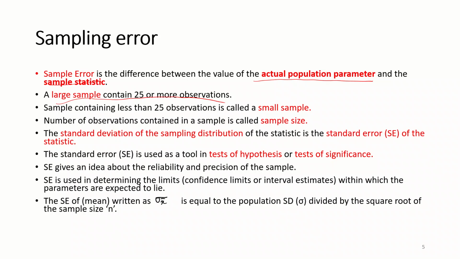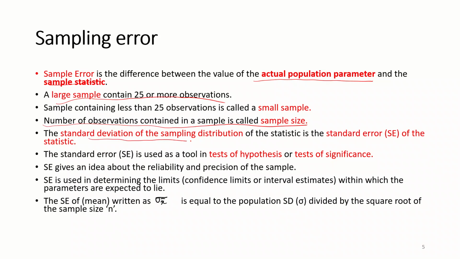We will see how this distinction makes sense, because how the sampling error behaves in cases of large sample and small sample is important. The number of observations contained in the sample is called the sample size.